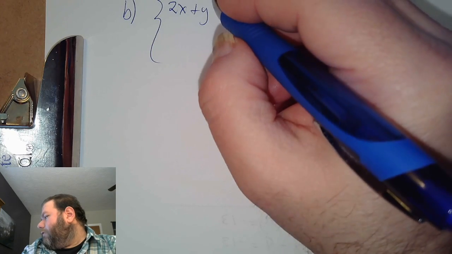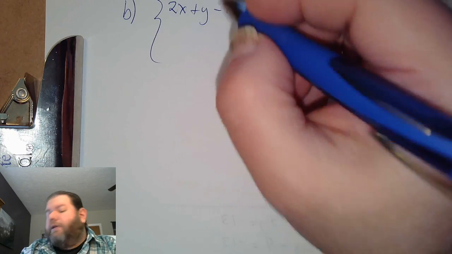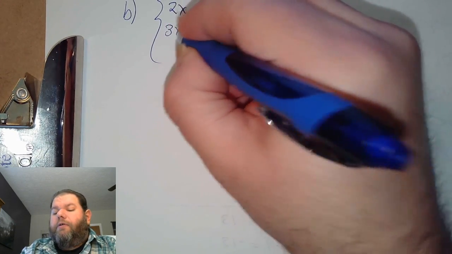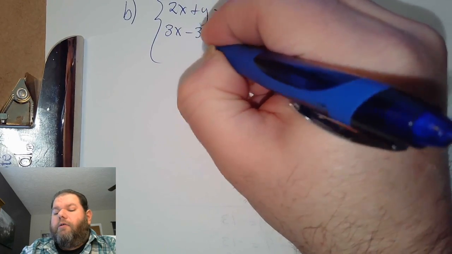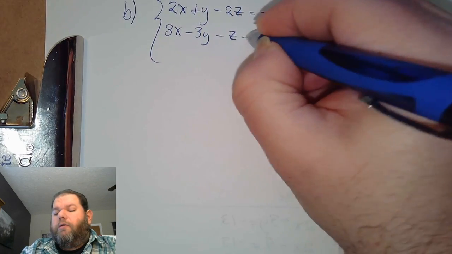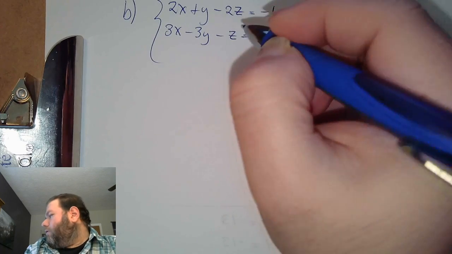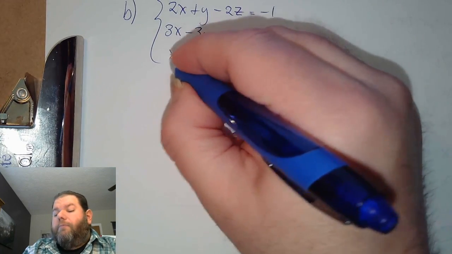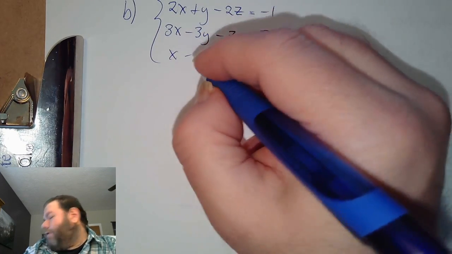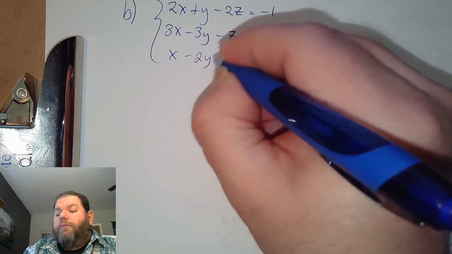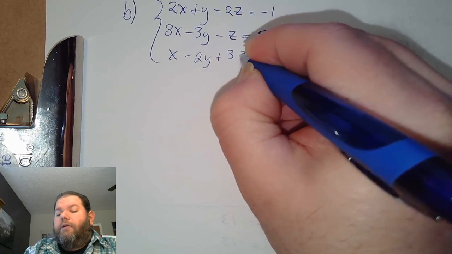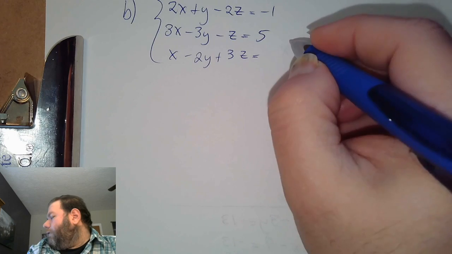Three x minus 3y minus z equals 5. And x minus 2y plus 3z is equal to 6.